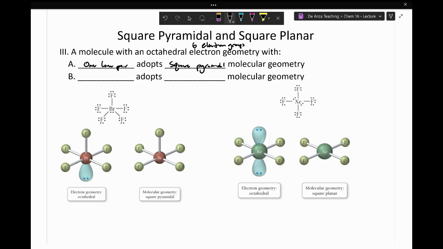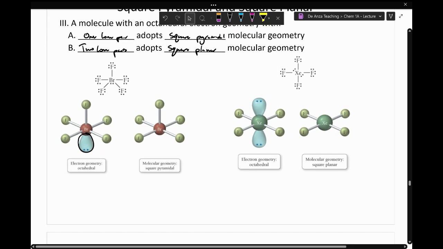So we're going to take away one of our axial positions. And then if we switch it out for 2 lone pairs, we're going to adopt a square planar electron or molecular geometry. Square planar molecular geometry. So once again, just choosing these to have the best amount of separation between everything.